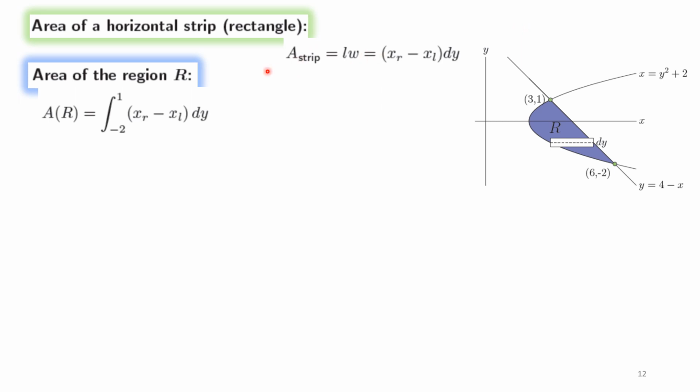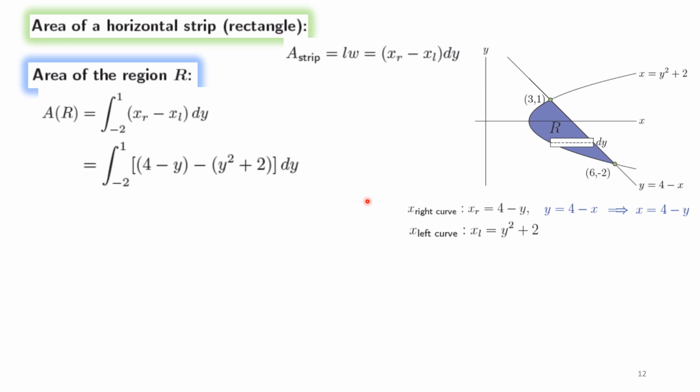If you take the summation of all of these rectangles, you come up with the integral from y equals -2 to y equals 1, of x sub r, which is 4 minus y, minus the left curve y squared plus 2, dy, from -2 to 1.